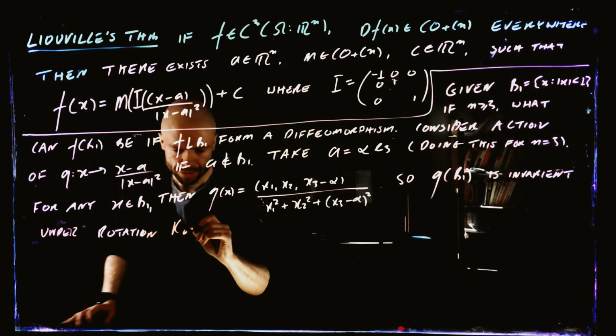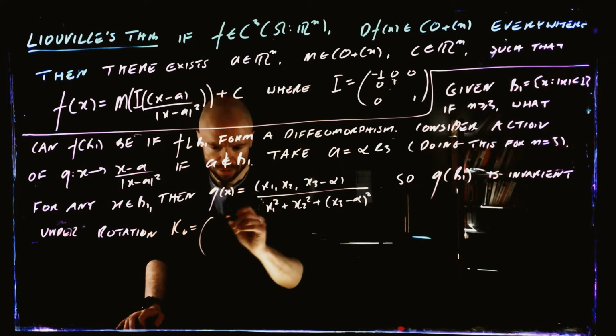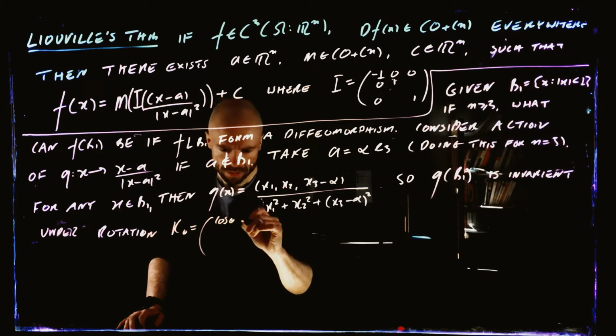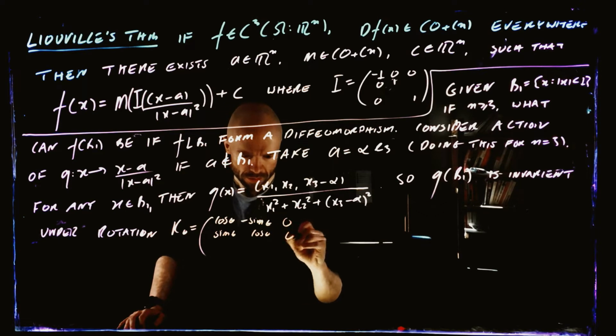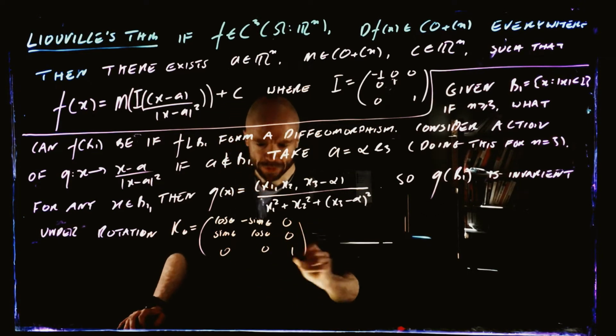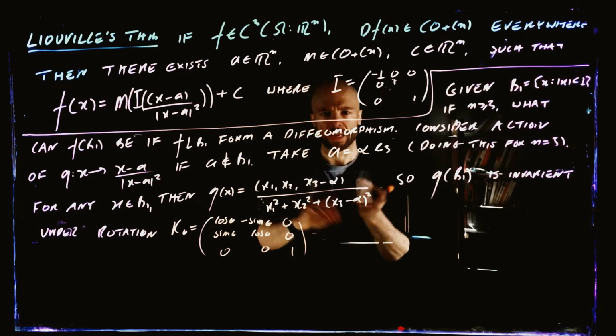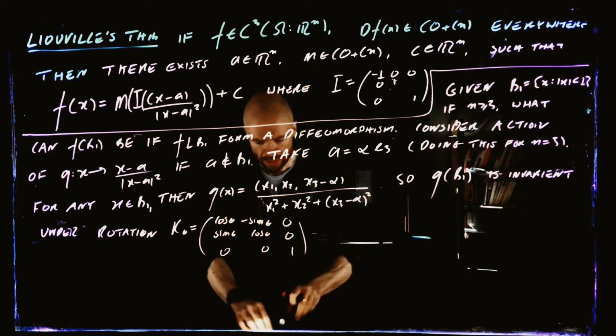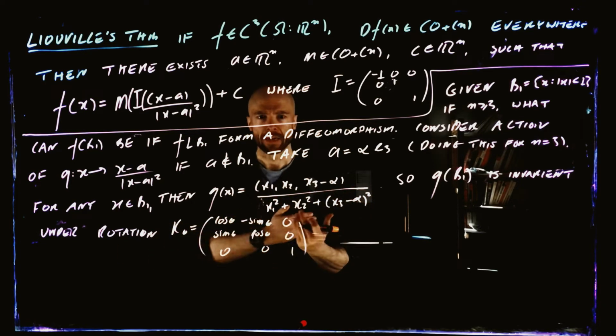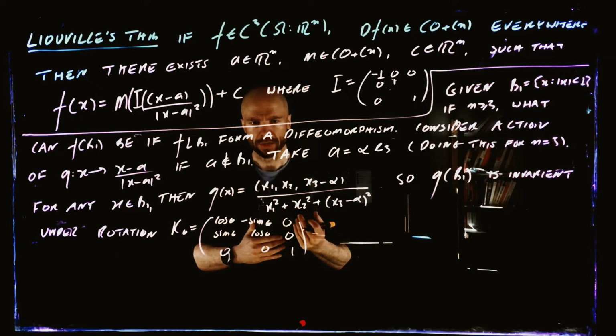Let's call this rotation r of theta, where we rotate the first two coordinates: cos theta, minus sine theta, 0; sine theta, cos theta, 0; 0, 0, 1. So all this thing does is it takes x1 and x2 and rotates them around, in our three-dimensional space, leaving the E3 coordinate invariant.